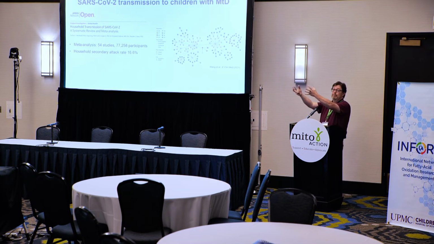So in other words, they could bring it back into the house, and other people could get that infection, whether it's COVID or it's something else. So this was a meta-analysis. Meta-analysis is just a fancy word of taking a whole bunch of studies and putting them together and seeing if you can come out with a common message from all these studies that you pulled together. So in a meta-analysis of 54 different studies, they basically found the secondary attack rate, in other words, someone bringing it from the outside into the house, was almost 17% or so. So not insignificant.